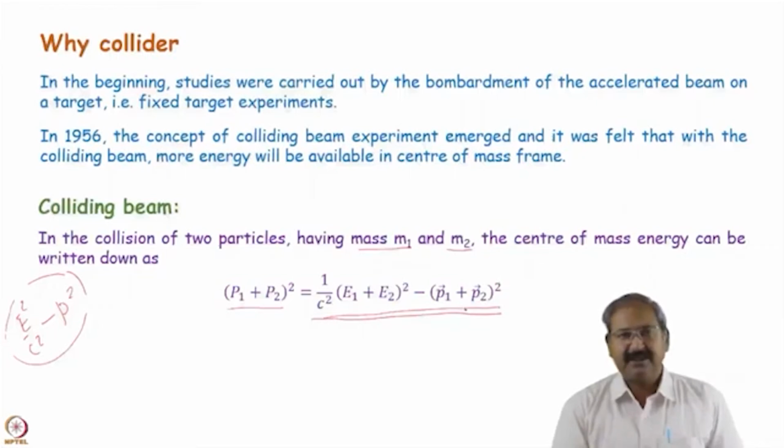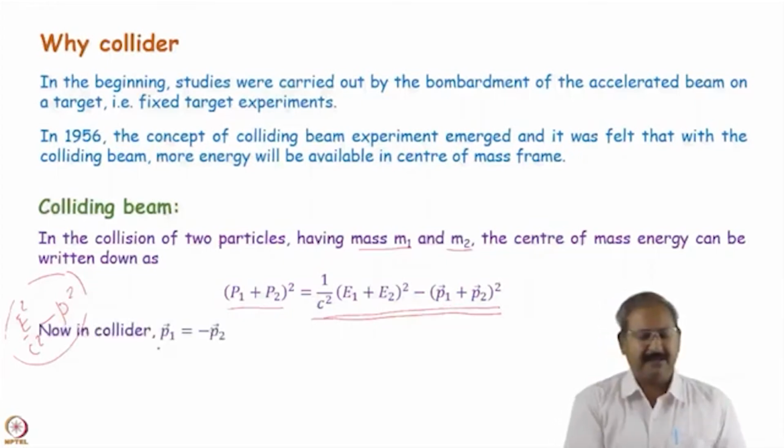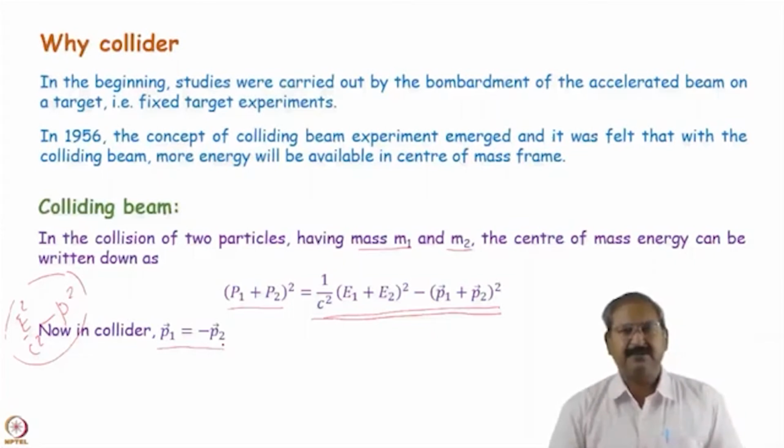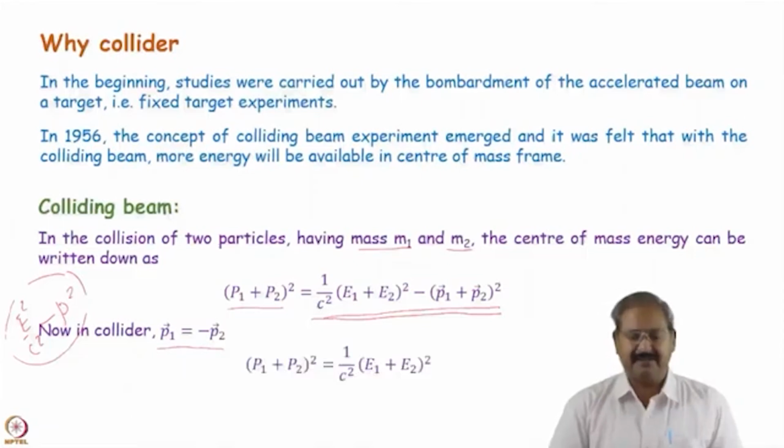Now in the colliding beams, because the beams are moving in opposite directions, P1 is equal to minus P2, and then they will have collisions. So this P1 plus P2 square term will be 0, and we are left with only this term.